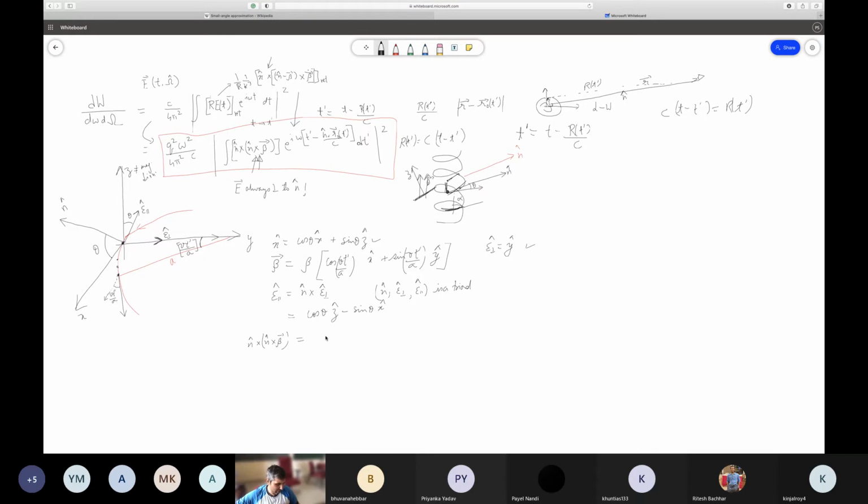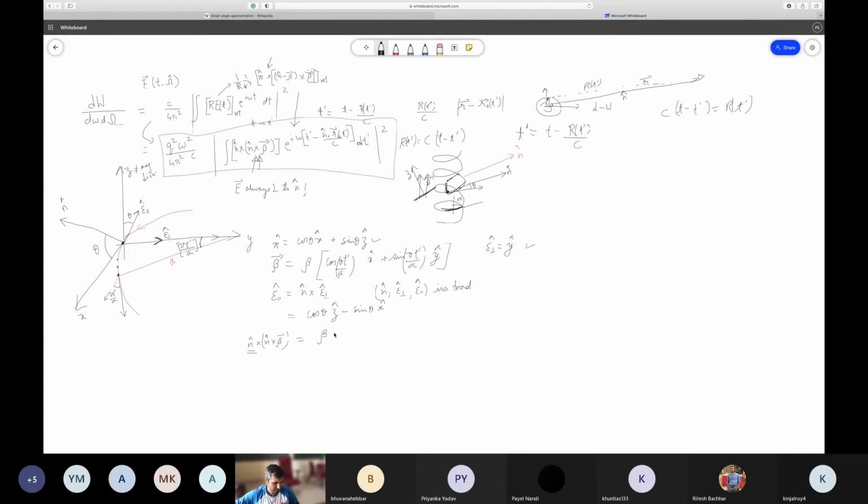Since this is perpendicular to n hat, we can write it as a linear combination of epsilon perp hat and epsilon parallel hat. Any vector in the plane perpendicular to n hat can be written as a linear combination of epsilon parallel hat and epsilon perp hat, and that will also be true for this. So if you do the algebra, this is what you get.